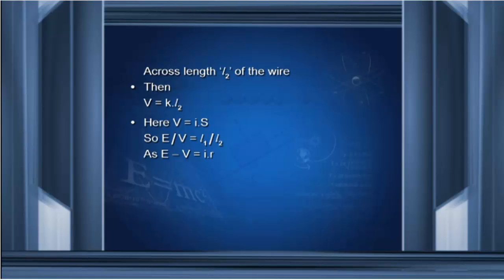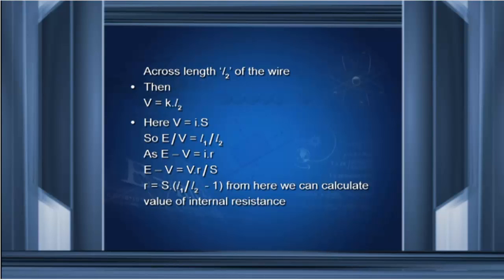As we know, E minus V equals I into small r. Substituting the value of I here, we get E minus V equals V into r upon S. Again substituting the value of E upon V, we get small r equals S into (L1 upon L2 minus 1). From here, we can calculate the value of the internal resistance of the cell.